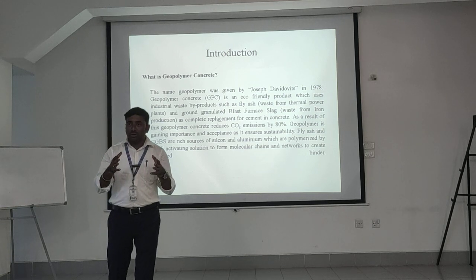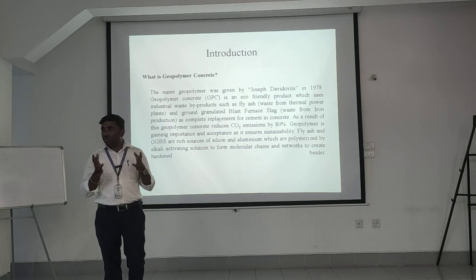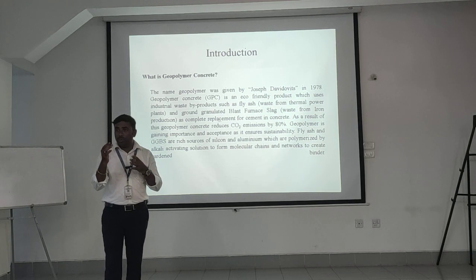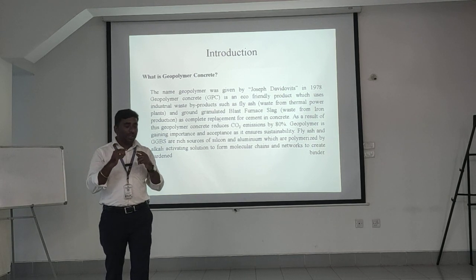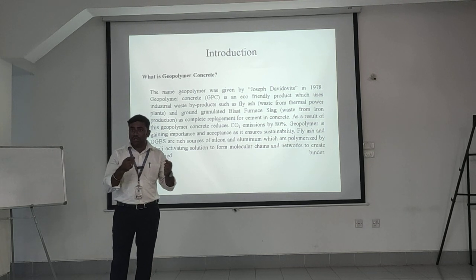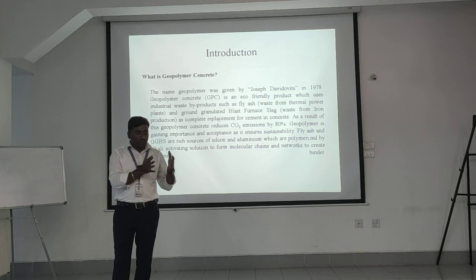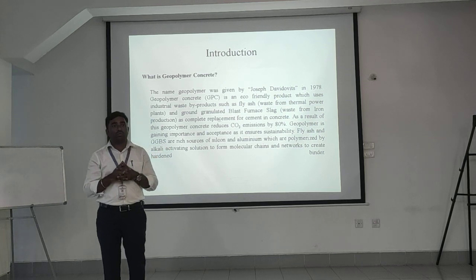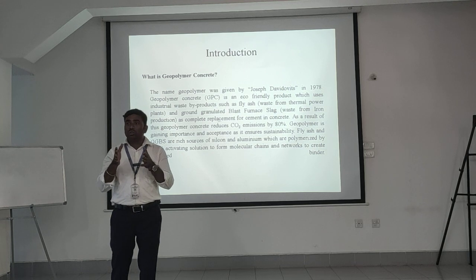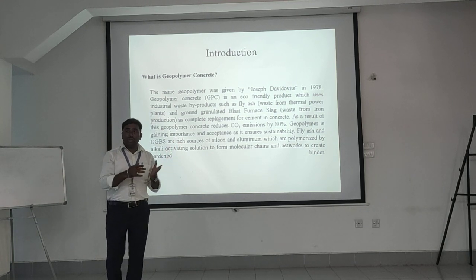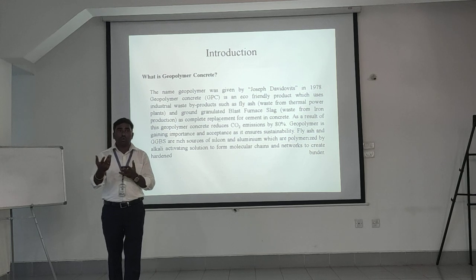Fine aggregate means, all of you have seen the sieve sets. In the sieve sets they are named 4.75 mm, 2.36 mm, that means the size of the sieve. If the aggregate passes through the 4.75 mm sieve, then those aggregates we call fine aggregates. Then what do you mean by coarse aggregate?